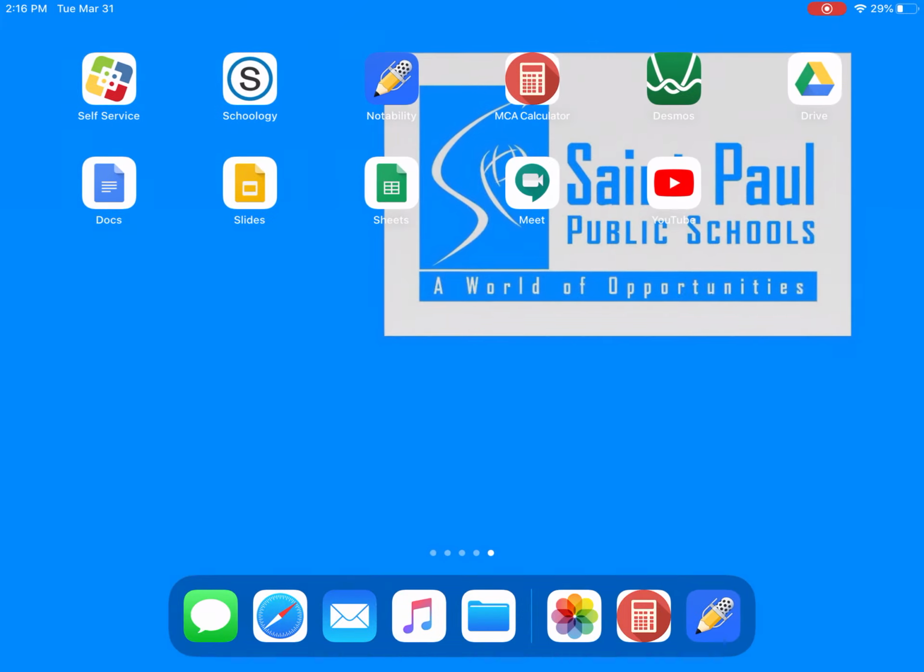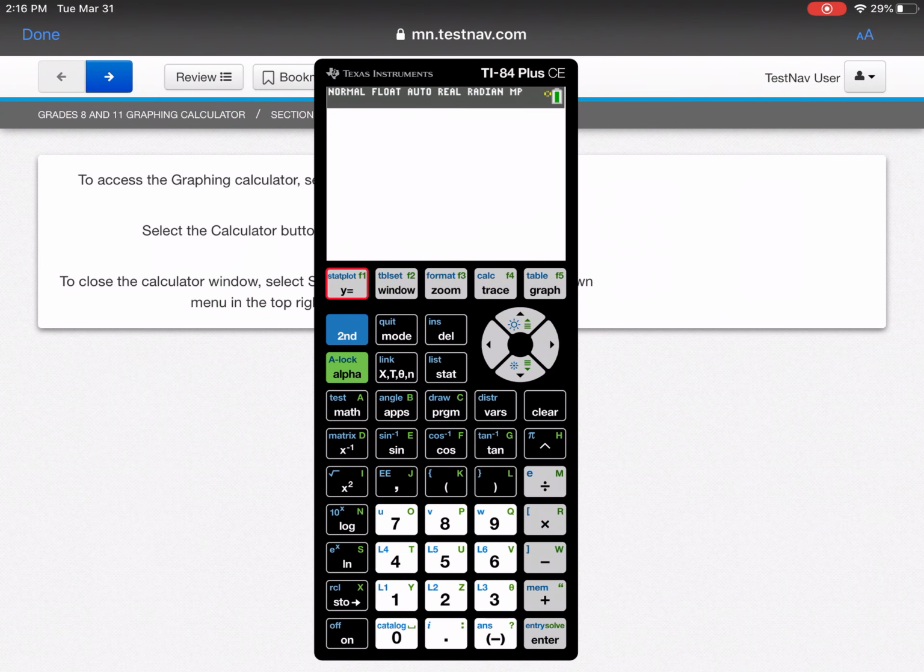So let's go back to our graphing calculator. Okay, and hopefully we said this was a growth, so when we zoom fit, you can just press 0 if you don't want to scroll down. Hopefully you see a growth.